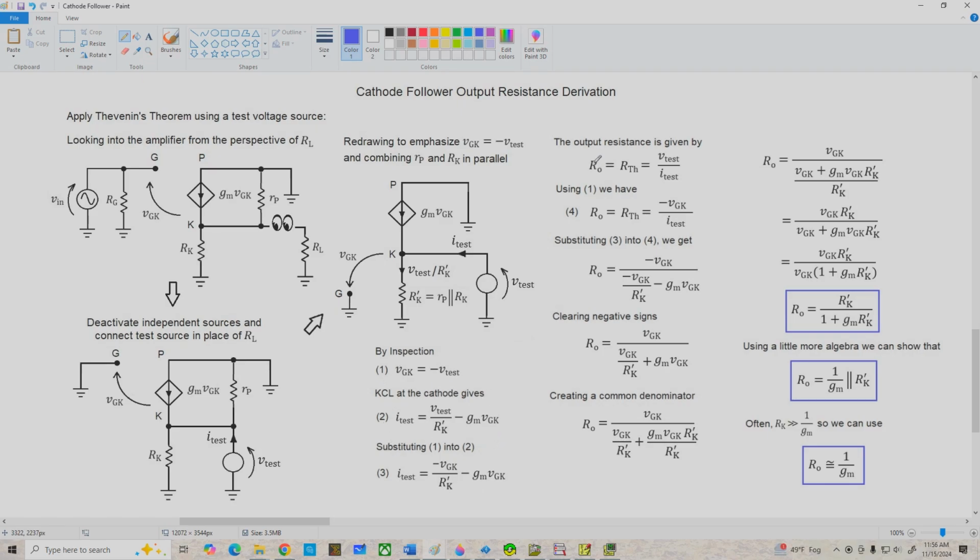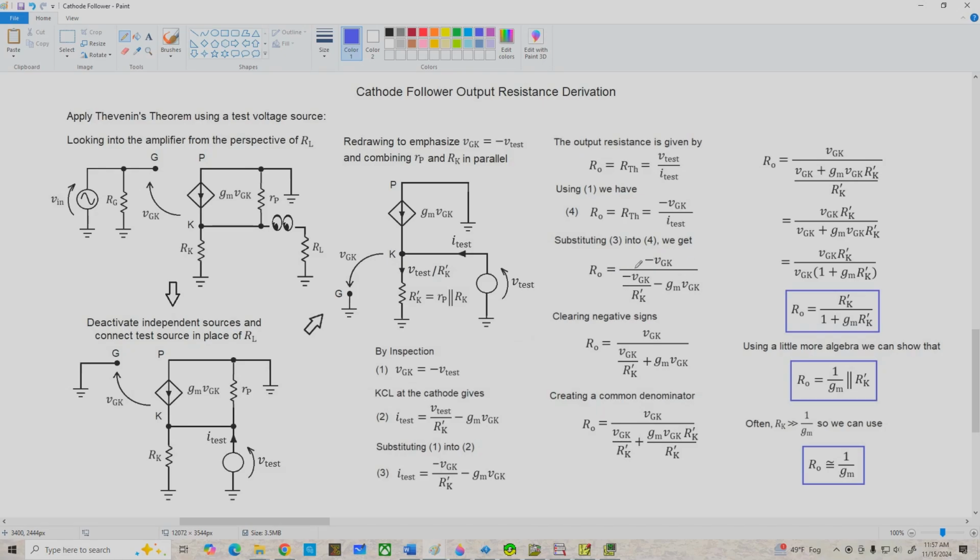Now, these are all the pieces we need to put together to determine the output resistance. So remember, RO equals RTH, which is V sub test over I sub test. And we know that V sub test equals negative VGK, that's equation 1. And we also have an equation for I sub test, that's down here, that's equation 3. So when we substitute 1 and 3 into our Thevenin resistance equation, we get this messy looking compound fraction here.